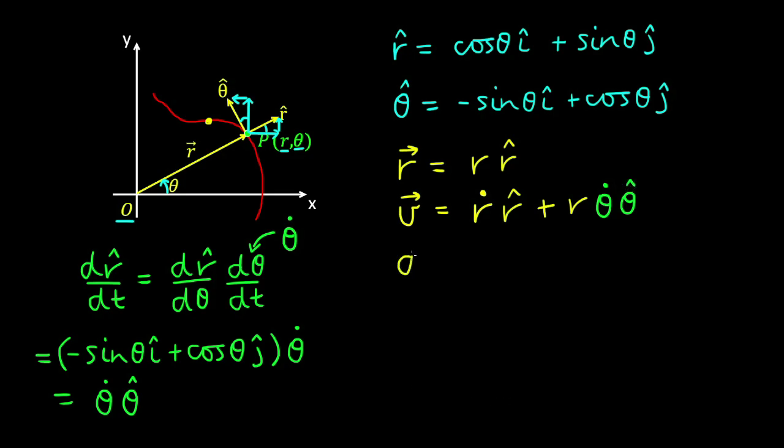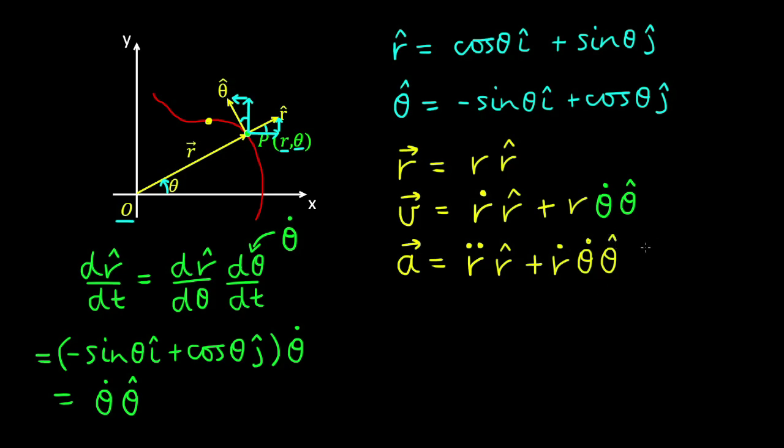And now we can differentiate again to find the acceleration. So using the product rule and differentiating the first term, we get the second derivative of r with respect to time times r hat, plus r dot times dr hat dt, which we found to be theta dot times theta hat.